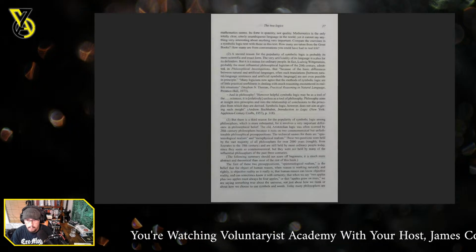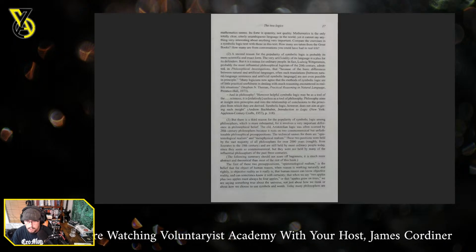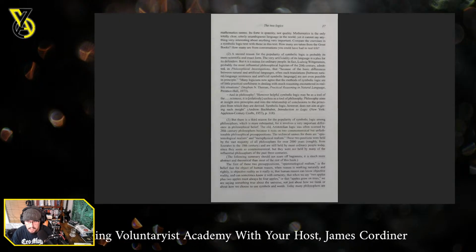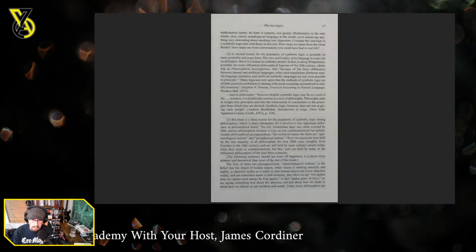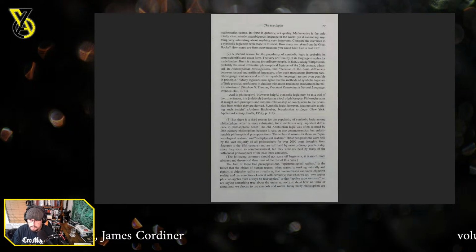And then another quote from Stephen N. Thomas: many logicians now agree that the methods of symbolic logic are of little practical usefulness in dealing with much reasoning encountered in real life situations, end quote. Stephen N. Thomas has that in Practical Reasonings in Natural Language, published by Prentice Hall in 1973. And in philosophy, quote from Andrew Bachhuber, quote, however helpful symbolic logic may be as a tool of the sciences, it is relatively useless as a tool of philosophy.